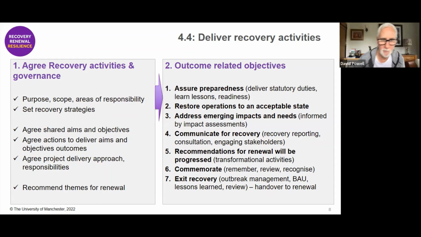So, you know, what's the purpose, what's the scope, what are the areas of responsibility for the partnership together or individual members of that partnership? Set the recovery strategies that we shared with you earlier on. Again, agreed some common shared aims and objectives.